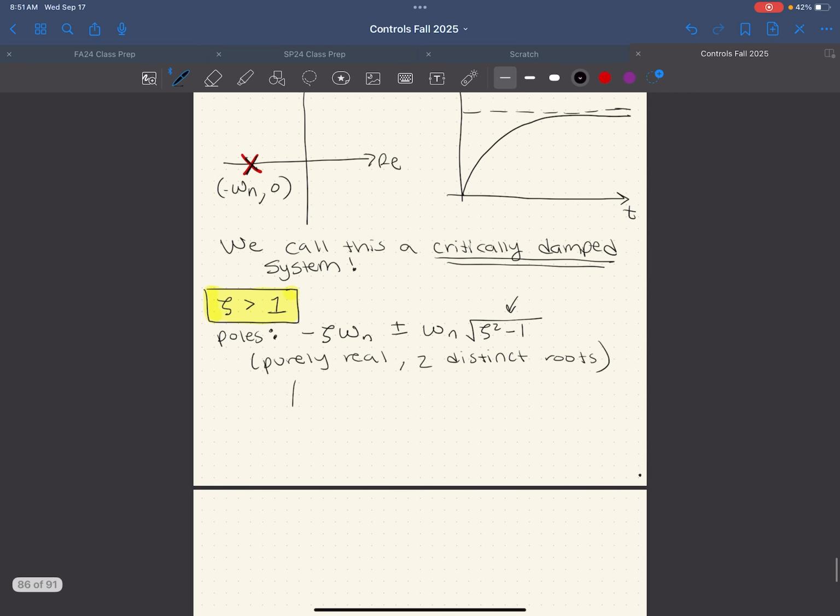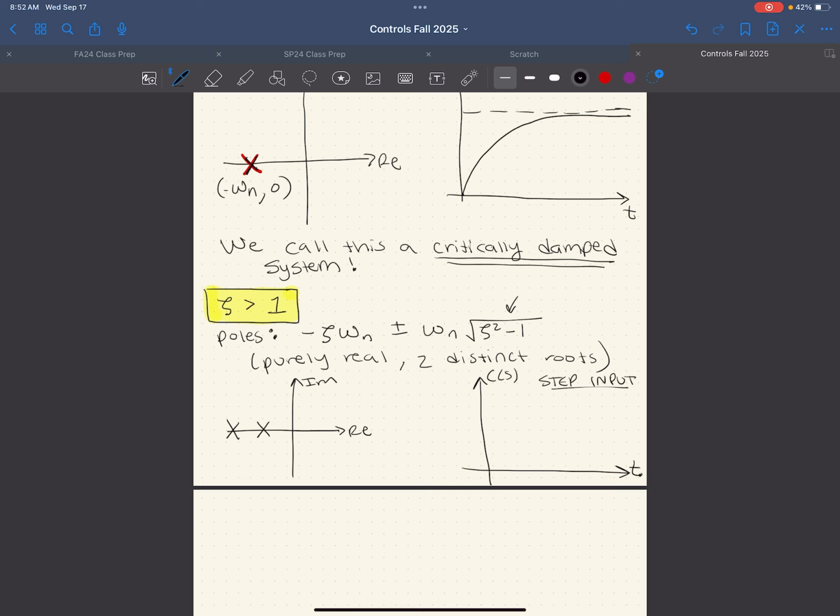And let's draw that on our pole zero map and our time response. This is time. So I have no imaginary part, but I have two distinct roots.